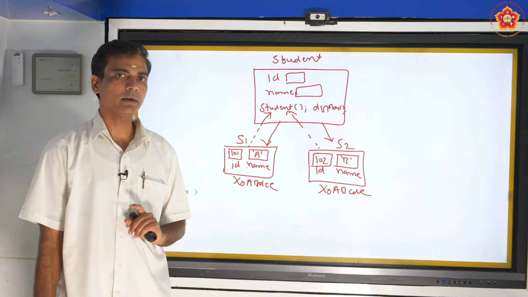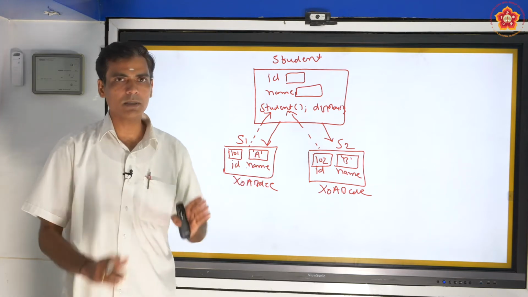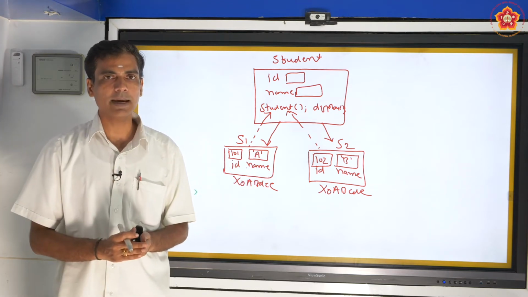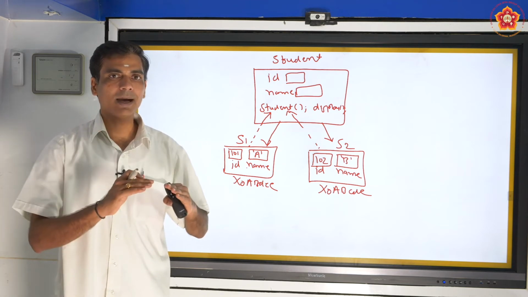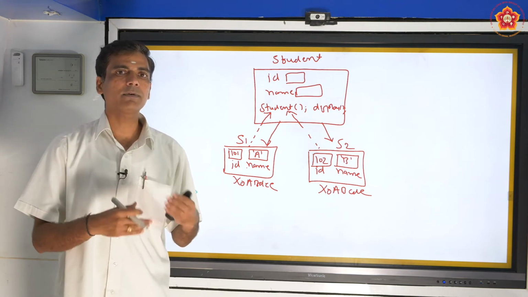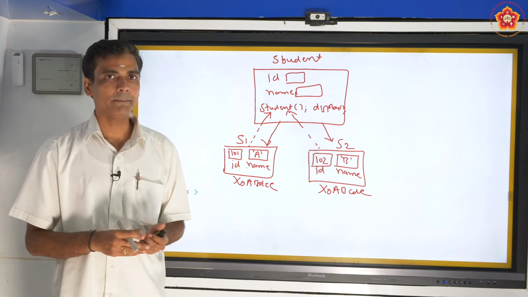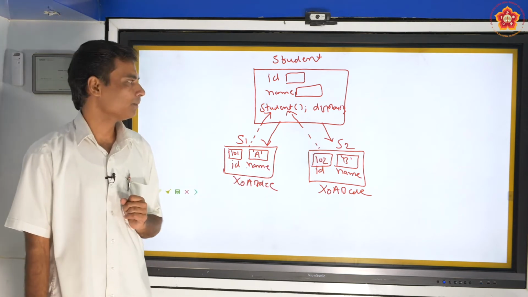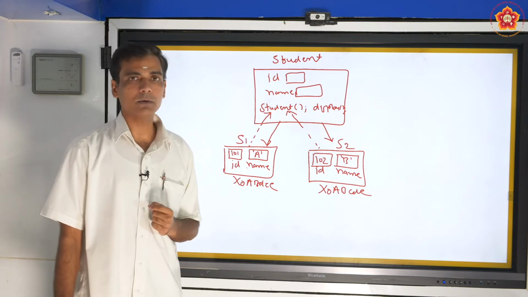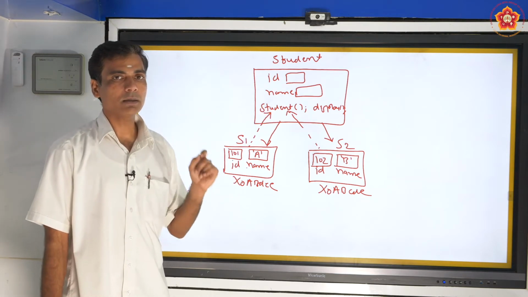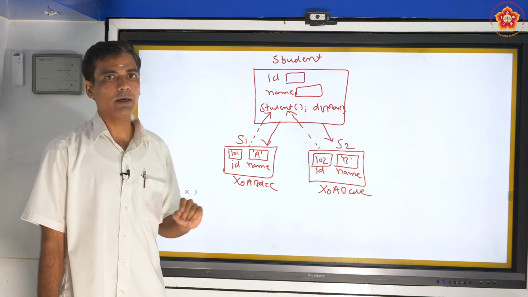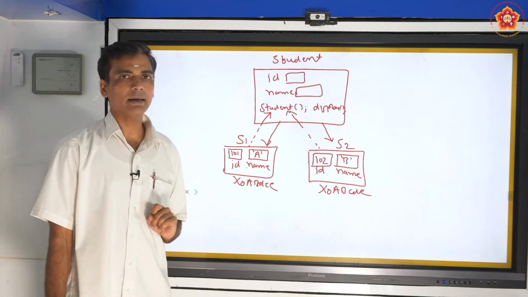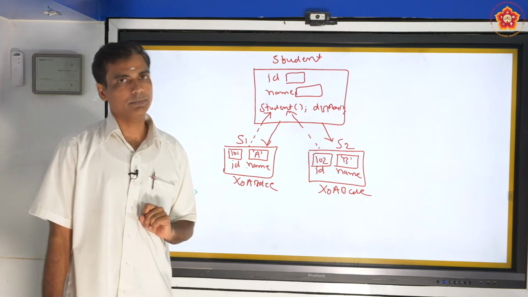We don't need to create different functions for each object because the function is the same. The task we are performing is the same, but it is performed on different sets of data values. That's why a different set of data values gets created for S1 and S2. But how does a function know? The function knows because with the help of this pointer, it gets the address of that particular object.